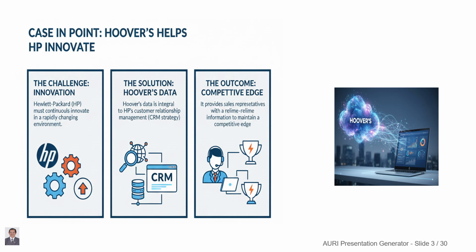This integration allows HP's sales representatives and customer teams instant, real-time access to comprehensive information about clients and prospects. Such immediate access to insights helps their teams make informed decisions, respond efficiently to market changes, and supports their innovation strategy, providing a competitive advantage.